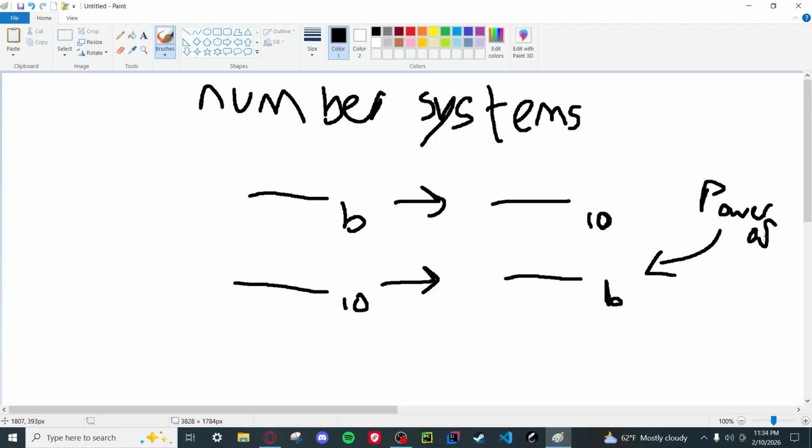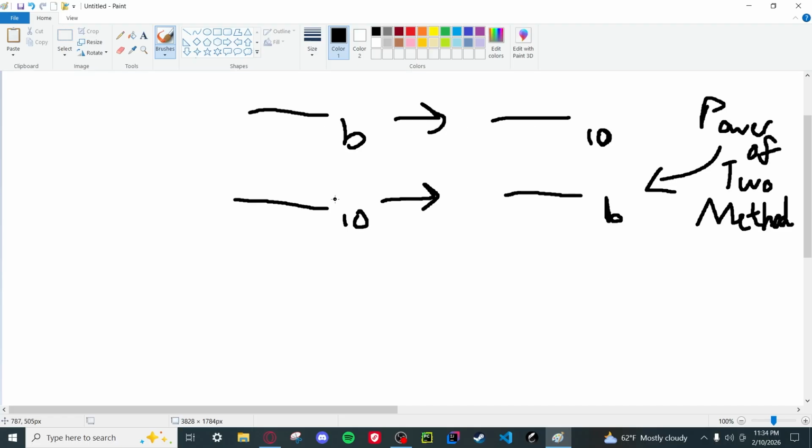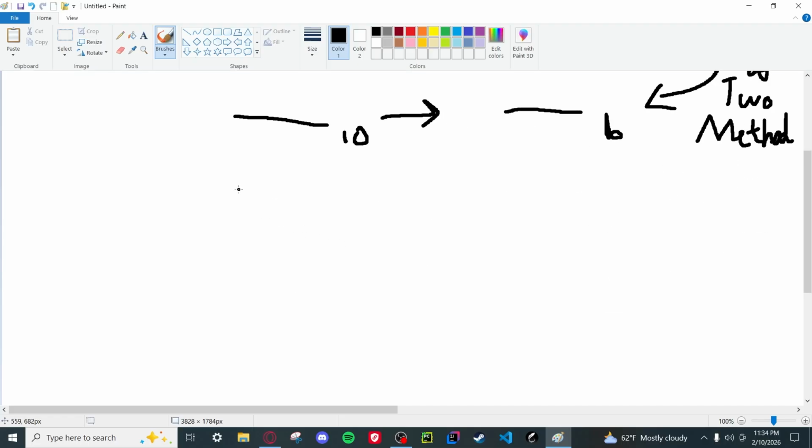We also touched back on this very recently in the power of 2 method. And then also, we talked about converting from any power of 2 to any other power of 2.